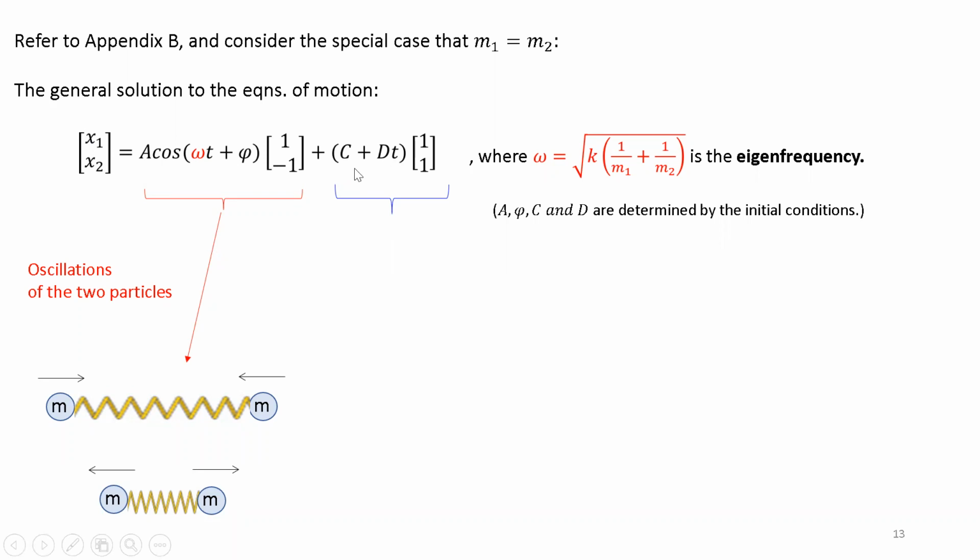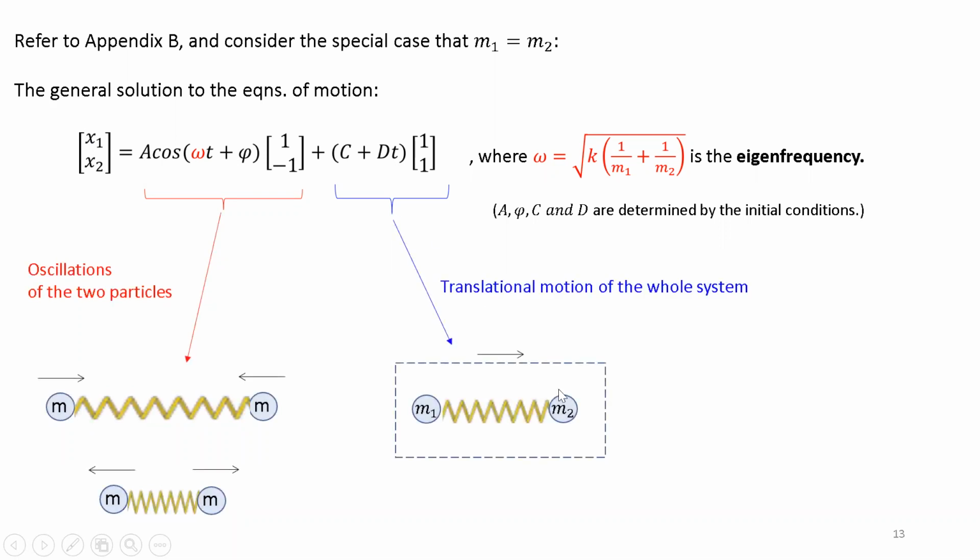The picture would look something like this: both of them travel together. This is exactly the uniform velocity motion of the entire system.